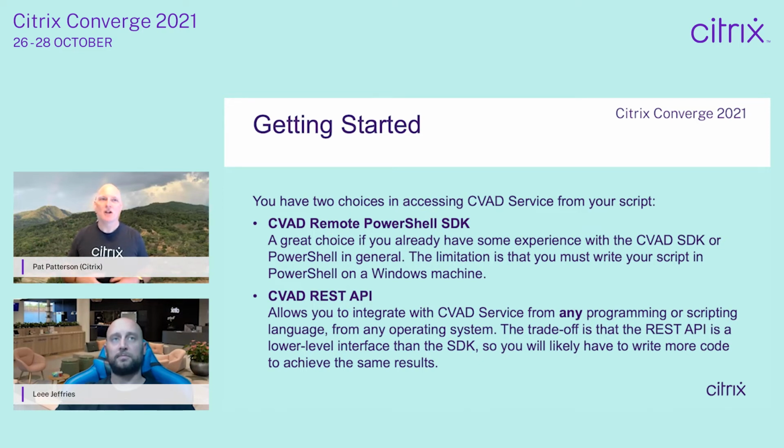It's passing this JSON format with curly brackets over HTTP. Now, the trade-off is the REST API is a lower level interface than the SDK. So that just means you'll have to write more code to achieve the same results. You're formatting up your request, sending it via HTTP, and then parsing the response to make sense of it, which is kind of all built into the remote PowerShell SDK.